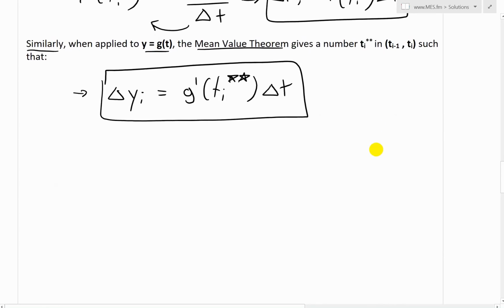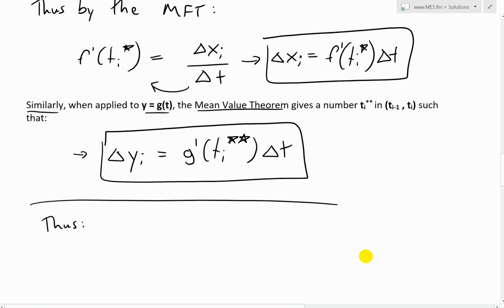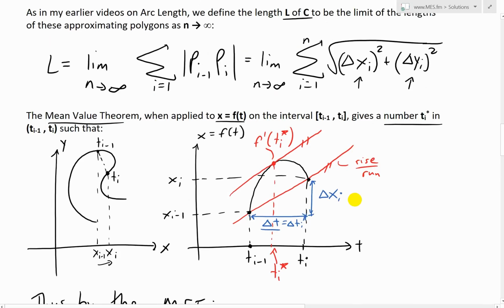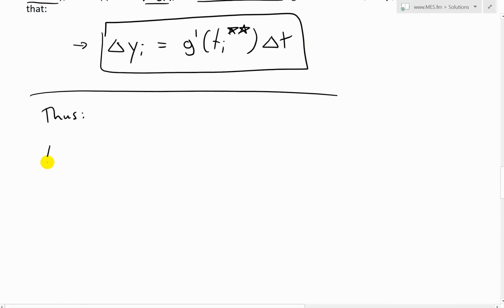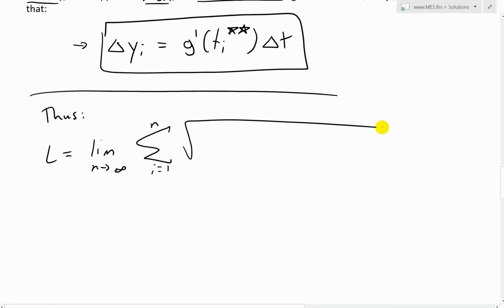So what we end up having, when we plug these inside the square root in the limit, is that the length L is equal to the limit as n approaches infinity of the summation i equals 1 up to n, of the square root. Now we plug these values in.